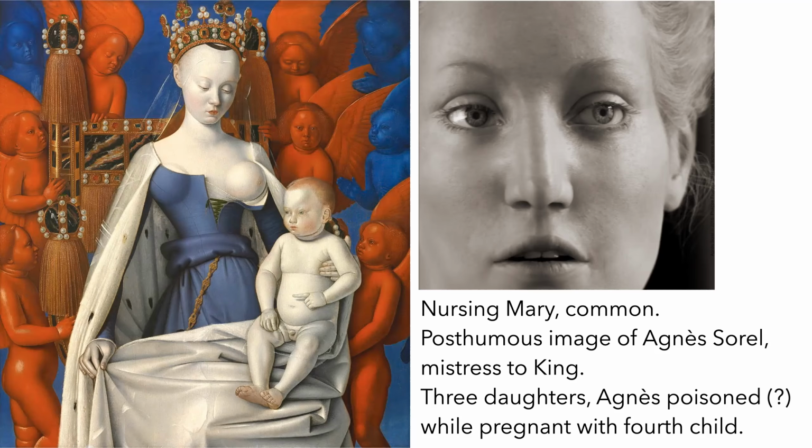And recent research in the last few years of the remains of Agnes Sorel has documented that indeed she was poisoned. And so this painting is done after her death, showing her as Virgin Mary with a baby. And in real life, there was this real person, and she really did have children with the King of France. So please know that there's a whole bunch of stuff that's going on there.